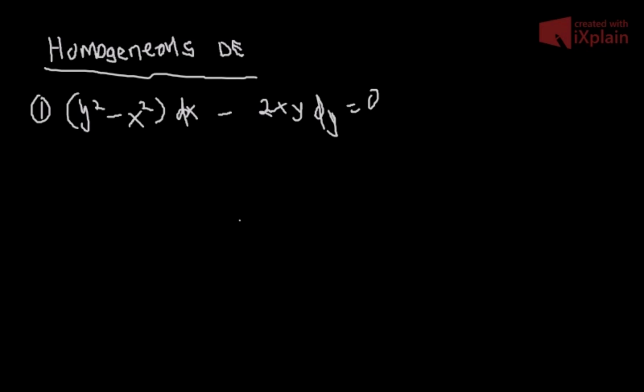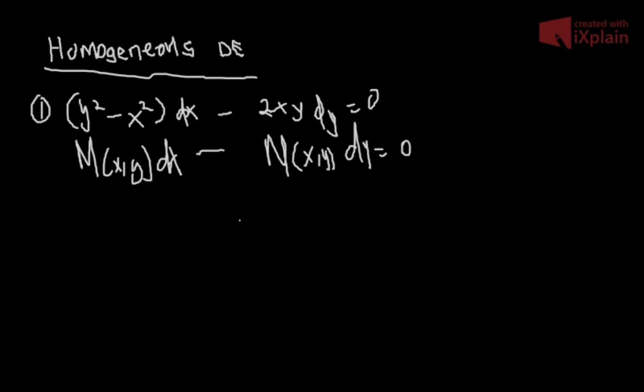All right. First things first, remember my standard form, M(x, y) dx minus N(x, y) dy equals 0, right? So upon saying that, M(x, y) is y squared minus x squared.